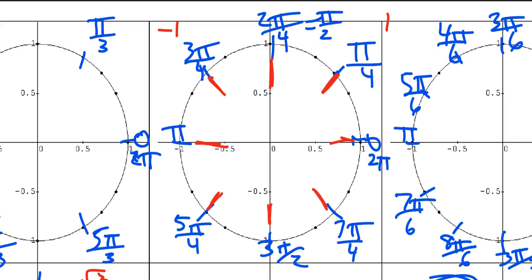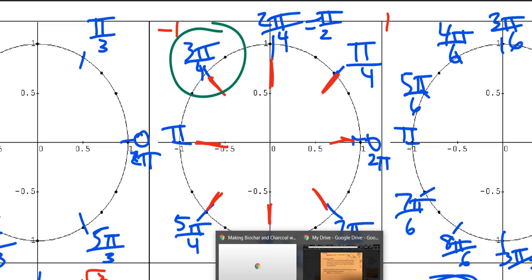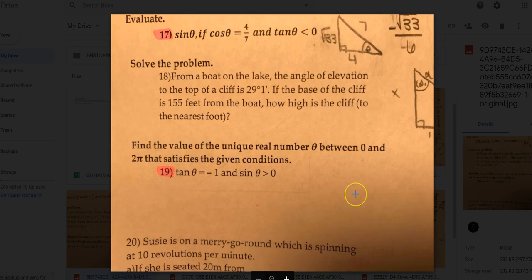So really, they want this answer, 3 pi over 4. That's what they're looking for in that question. So are we good on that particular problem? Yeah, I'm good on 19.